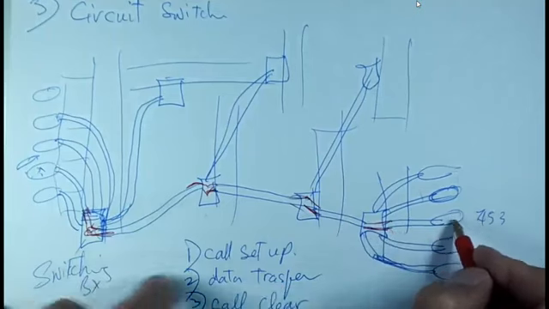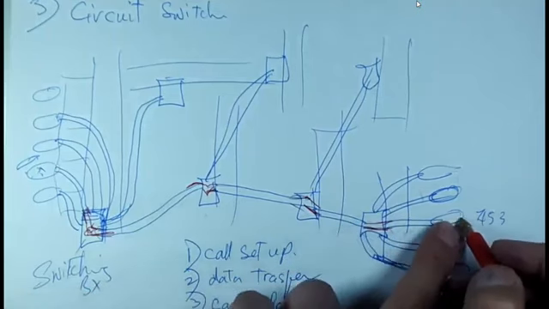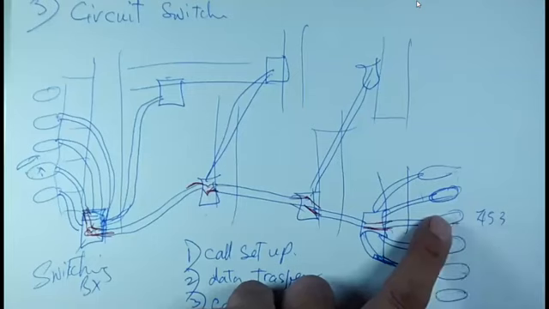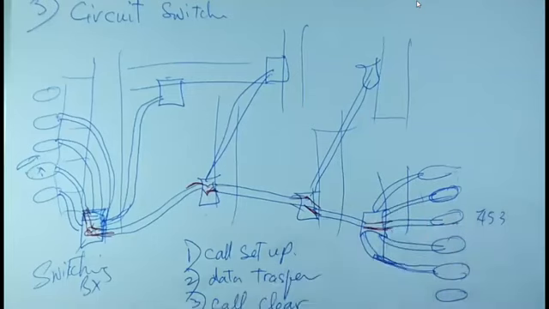And then it starts ringing from this point. The phone starts ringing. And if somebody picks up the phone or answers the phone, or if it's on a computer, they say, hey, somebody's calling you, accept or refuse, you press accept. Now you have the right to accept or refuse.